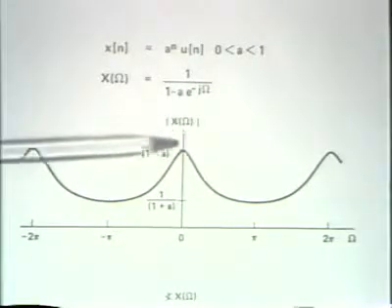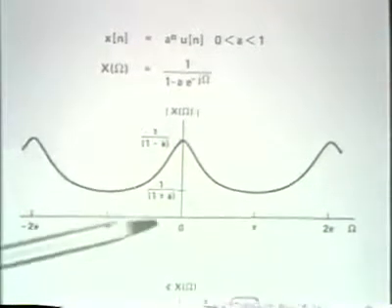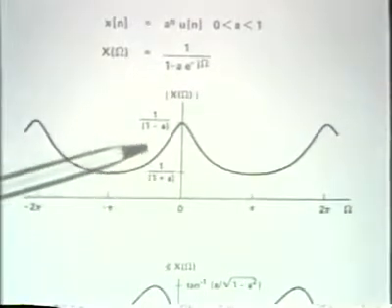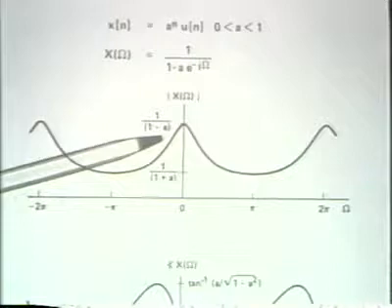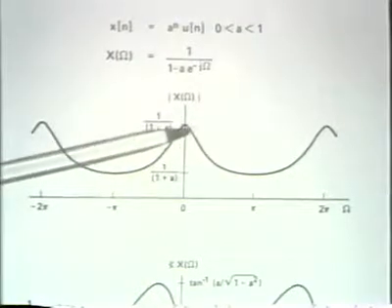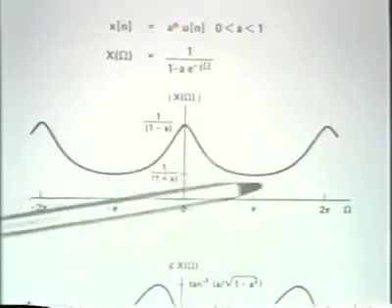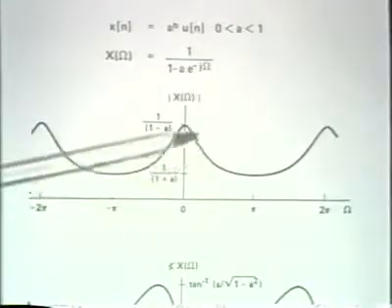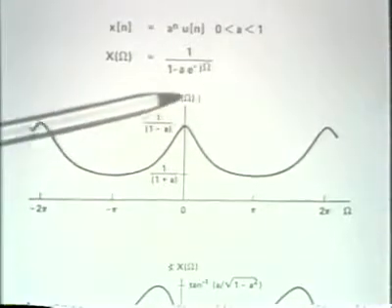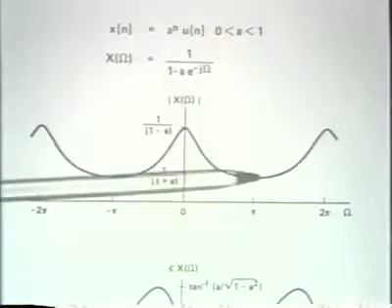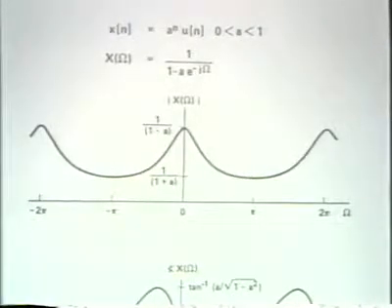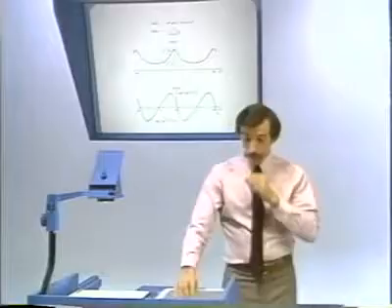Let me also draw your attention to the fact that if a were in fact negative, then this value would be less than this value. And in fact, for a negative, the magnitude of the frequency response would look like this, except shifted in omega by an amount equal to pi.